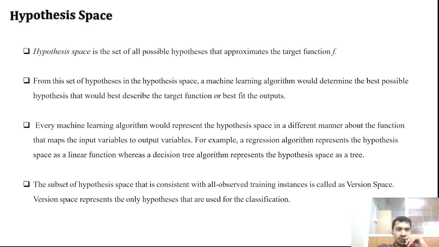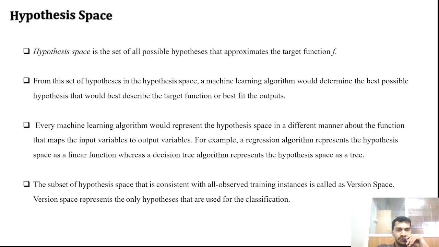If I consider the regression function, it has a hypothesis space of linear functions, and if I consider the decision tree model, it has a hypothesis space of tree structures. So there is a difference from one model to another model.